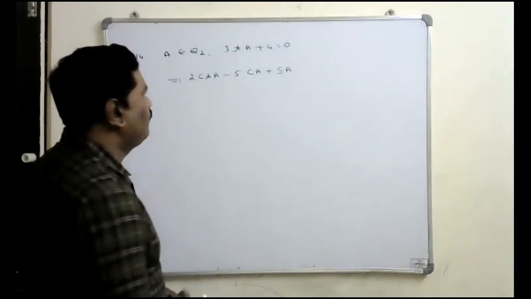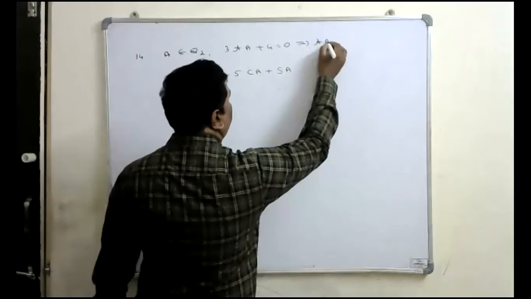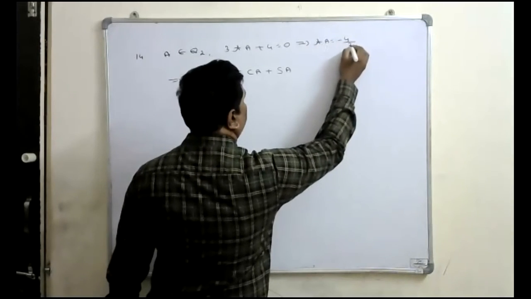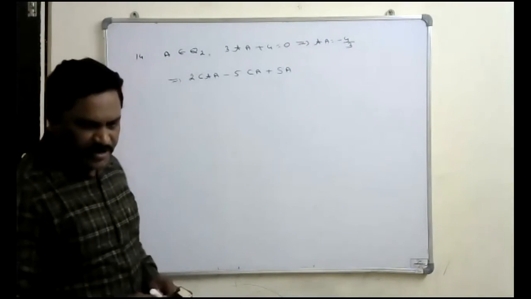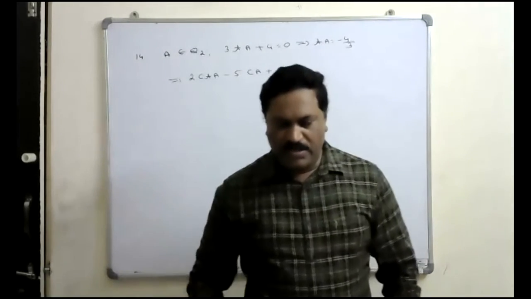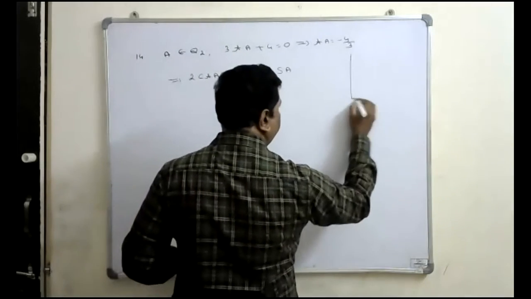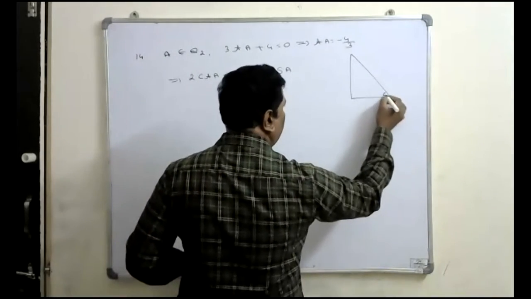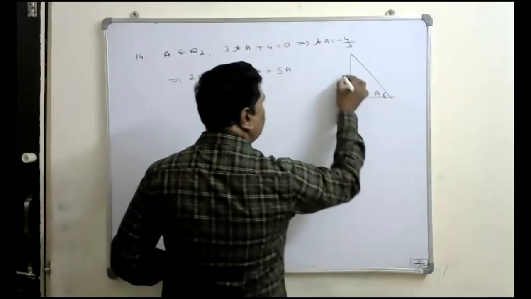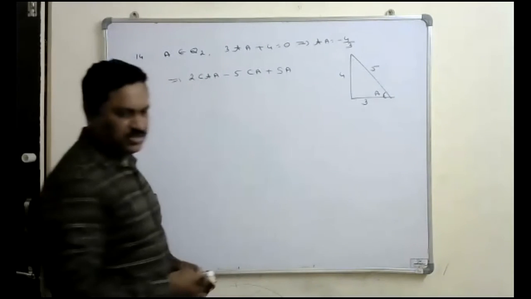Just observe this. 3 tan A plus 4 is equal to 0, so from this tan A is equal to minus 4 by 3. This is the value of tan A. So we know one trigonometric ratio. If you want to find the other trigonometric ratios, take the right angle triangle for the angle A. Tan means opposite side by adjacent side, then hypotenuse will be 5 units.